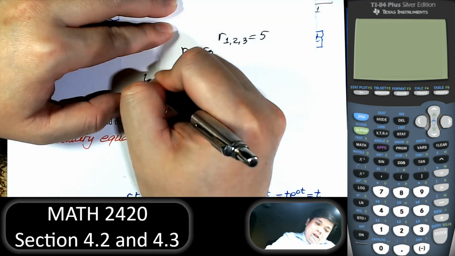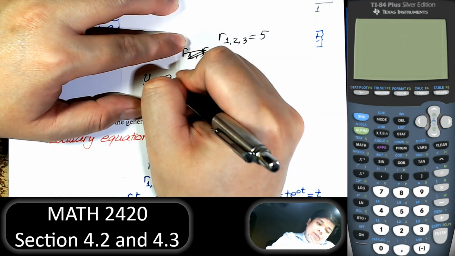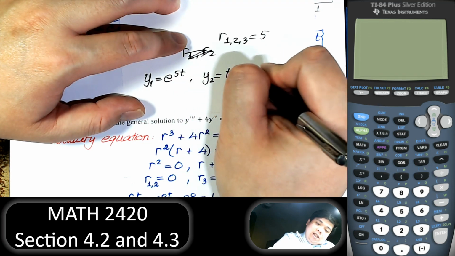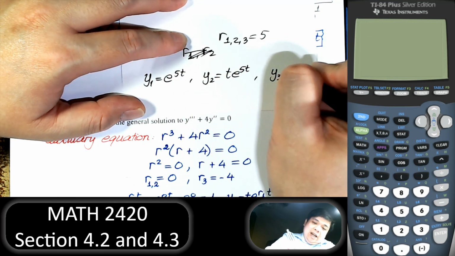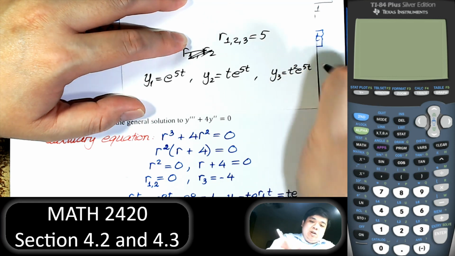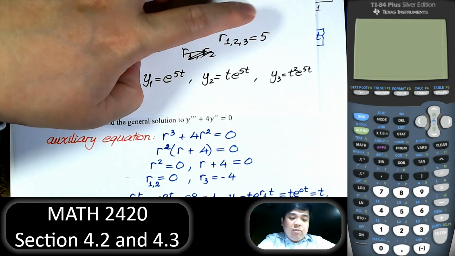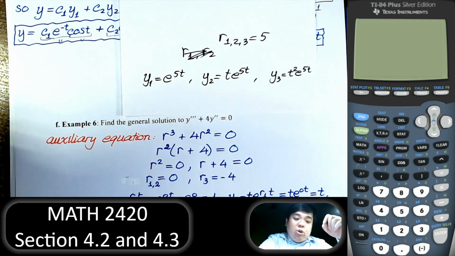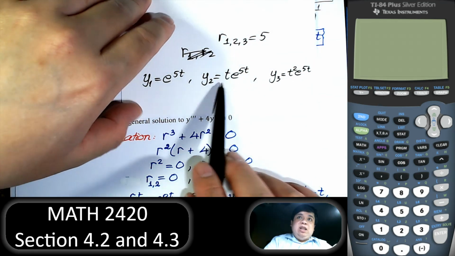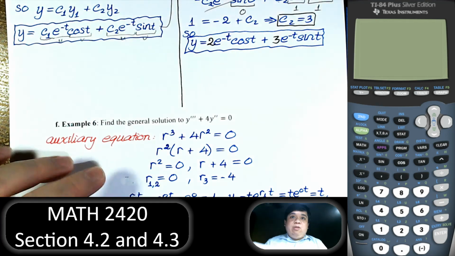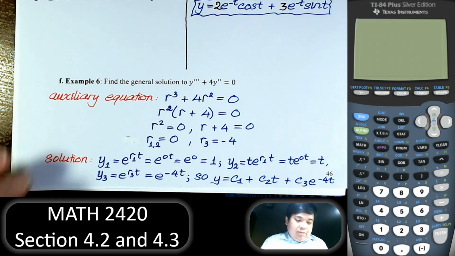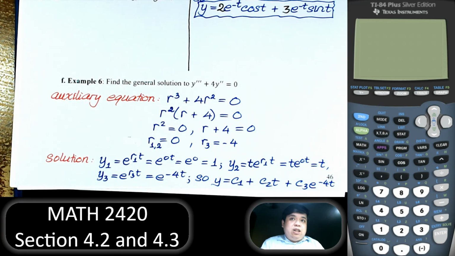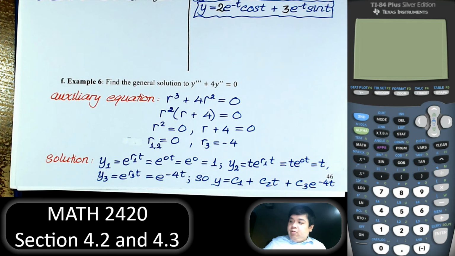Then the solution will be e to the 5t, t e to the 5t, and t squared e to the 5t. So it depends on how many times the root is repeated, how high a power of t we have to stick on to make them different. By different, I mean linearly independent. We will do this kind of problem later. I just want to put that here for now.